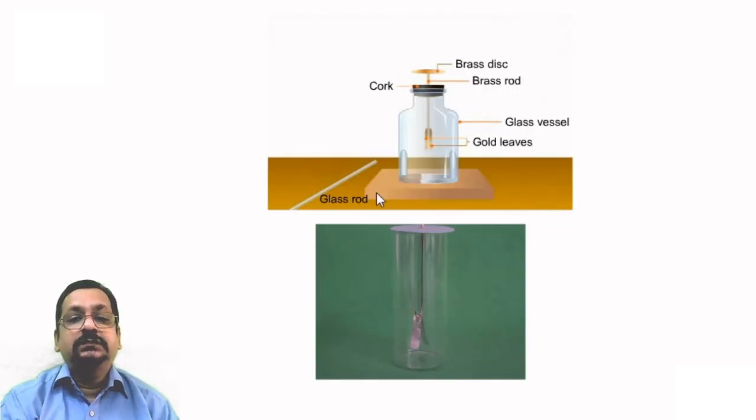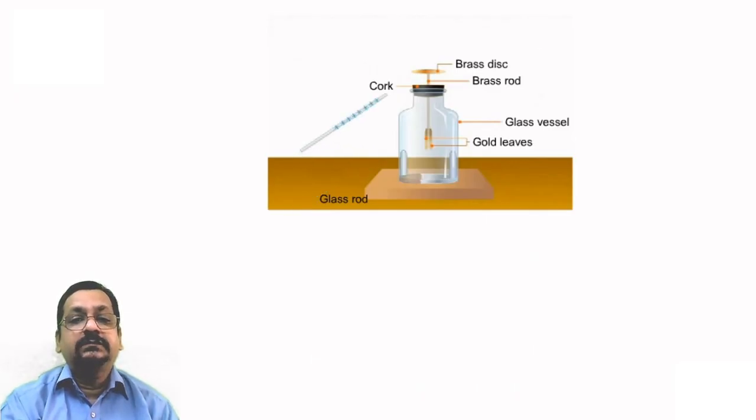So this is the gold leaf electroscope. Here all these parts are shown, which I have explained to you, and this is the glass rod we have taken. We will rub this glass rod against a silk cloth, and now we will bring that glass rod close to this brass or metal disc. Let us see that.